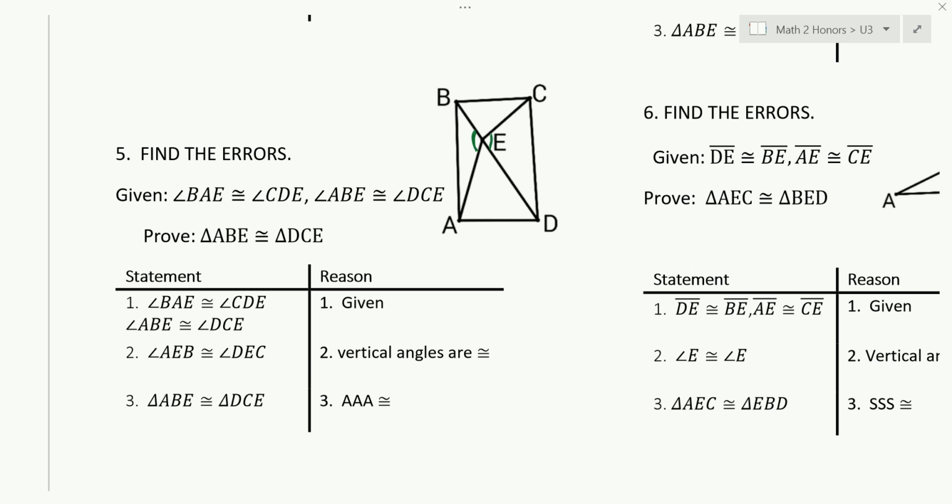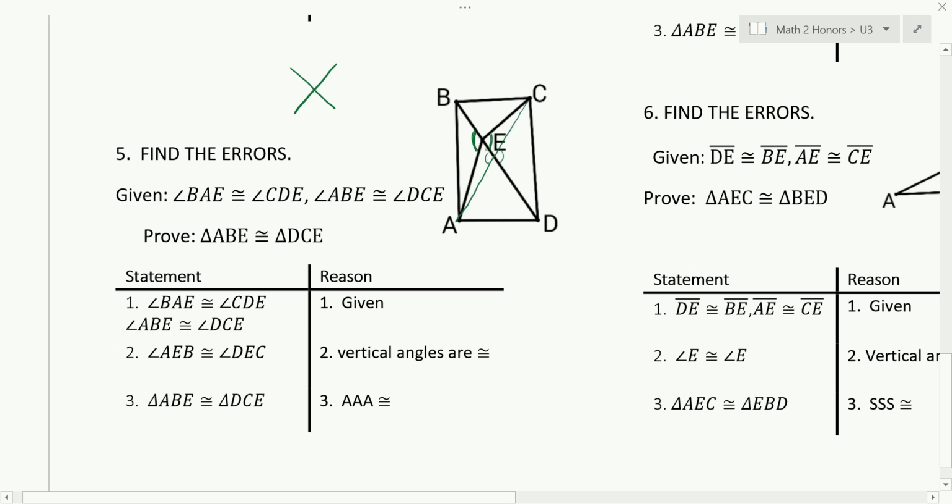Well, vertical angles are formed when you have only two segments crossing. And how many segments do we have? BD, E is on BD, right? But is E on CA? No. If I connect CA, there's my vertical angle.